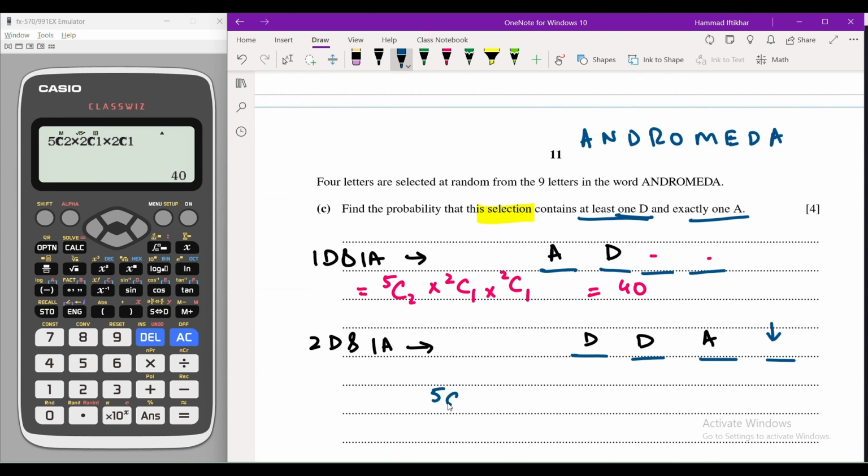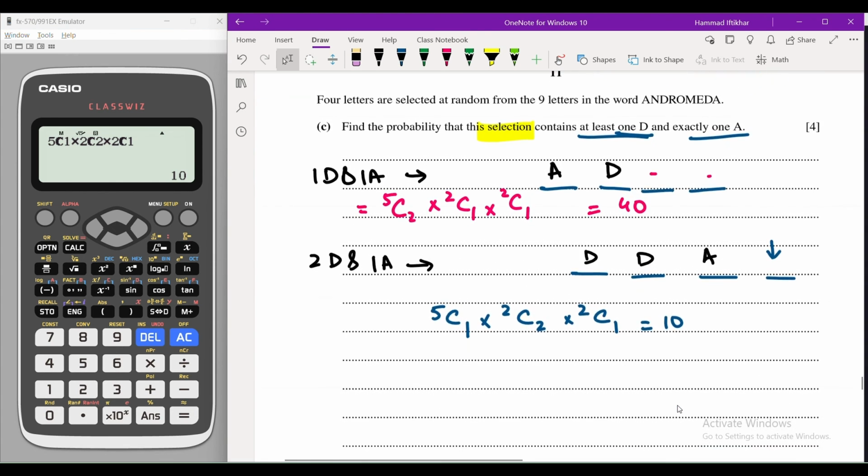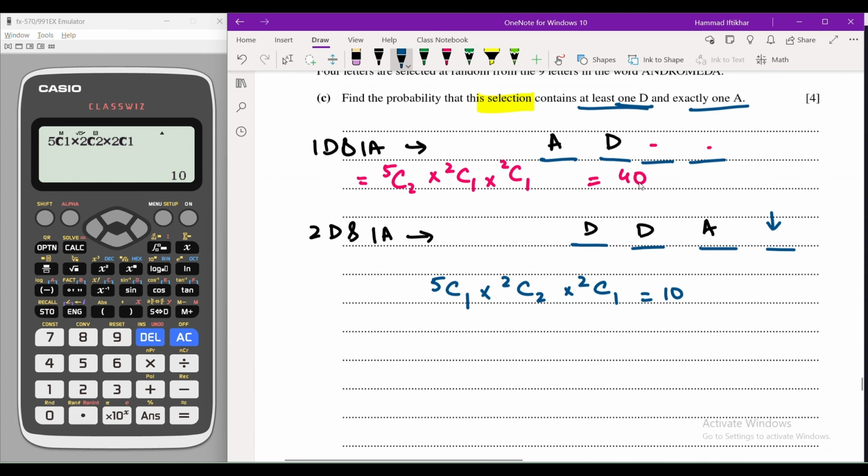So 5C1 multiplied by 2 of the D's, 2C2, and 1 A, 2C1. So 5C1 times 2C2 times 2C1, that is 10. So these were the two possible selections.